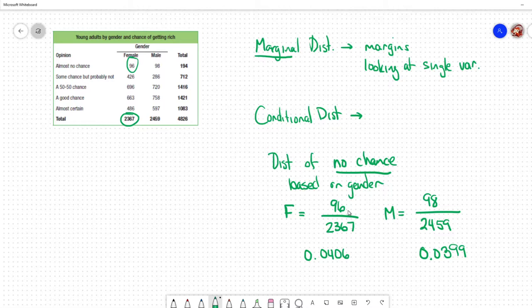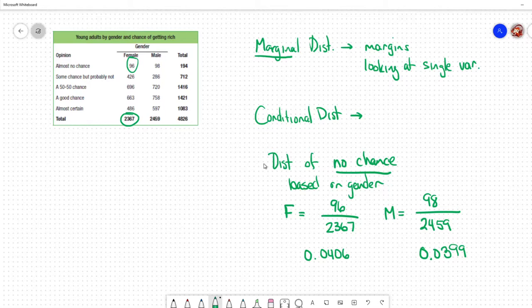Now, just based on this one opinion, we really shouldn't make that conclusion for that association. I would then do the same thing for each of the other 4 opinions to then kind of make a determination. Maybe there is an association. Gender does influence the opinion.